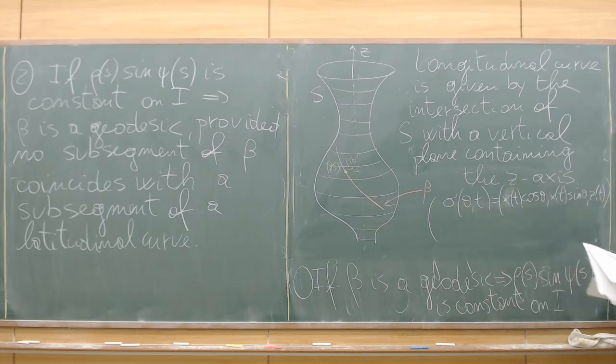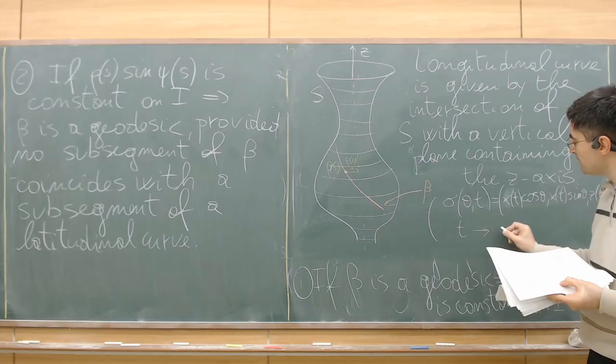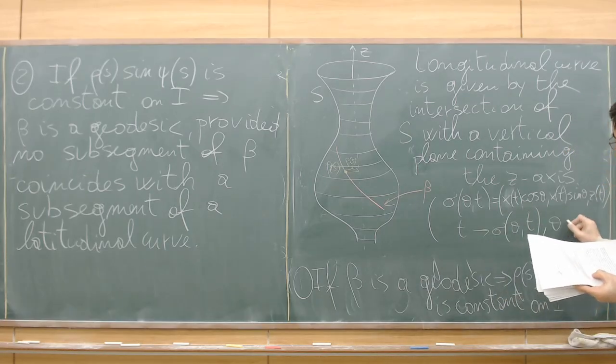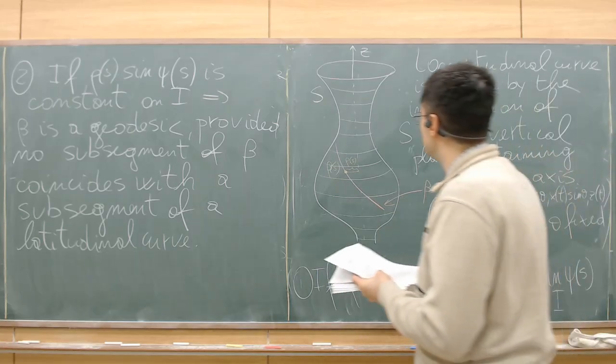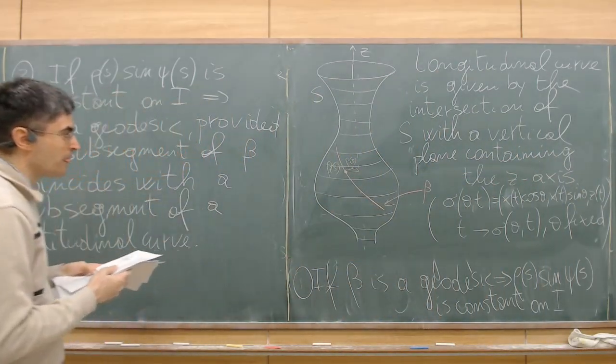A longitudinal curve is the curve you get if you consider the map t goes to sigma of theta, t with theta fixed. I think it's easier to say that a longitudinal curve is the intersection of S with a vertical plane.